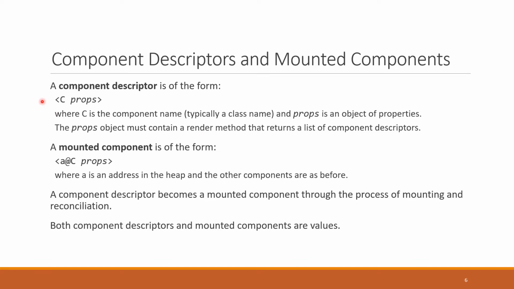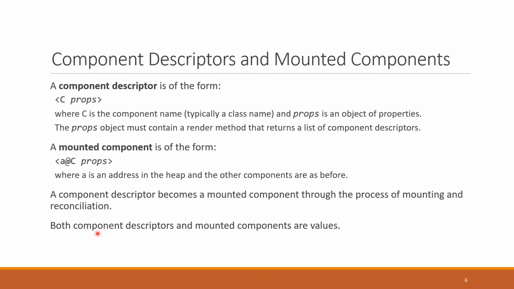Now, a component descriptor is something static. A mounted component is when you take a component descriptor and you turn it into an object that has an address in the heap and that is actually being displayed somewhere in the browser. Mounted component descriptors are of the same shape, except that now there's also an address in the heap associated with it. And there are two ways a component descriptor becomes live, if you will: through mounting or through reconciliation.